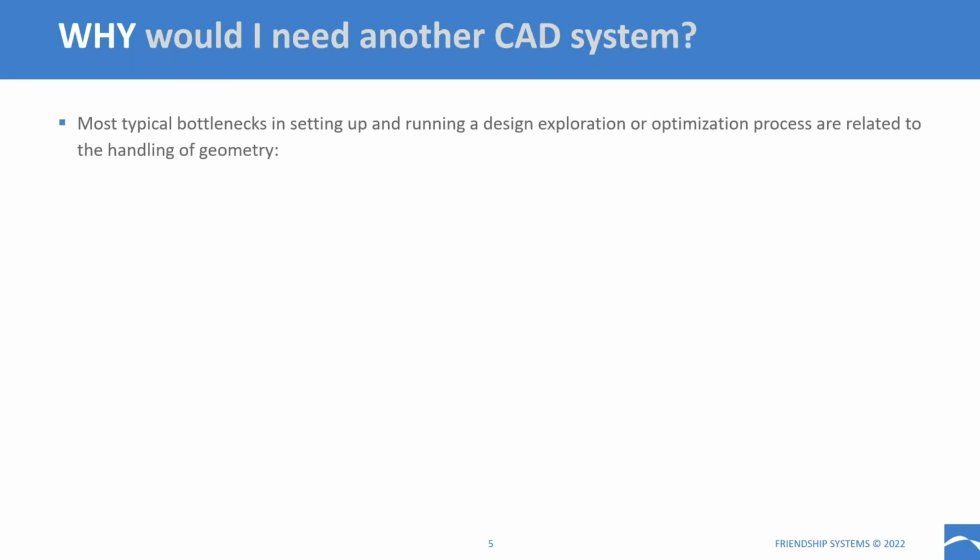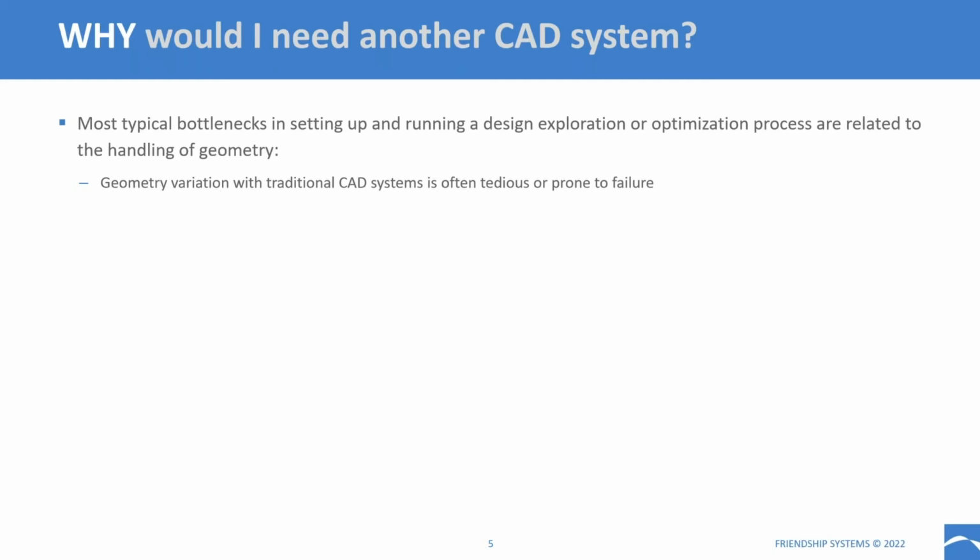And the answer is that in our experience, when we want to set up these kinds of automated processes, most of the bottlenecks that people encounter are related to the handling of the geometry. So typical things that might happen is that geometry variation with a traditional, let's say normal, mechanical CAD system is often difficult.